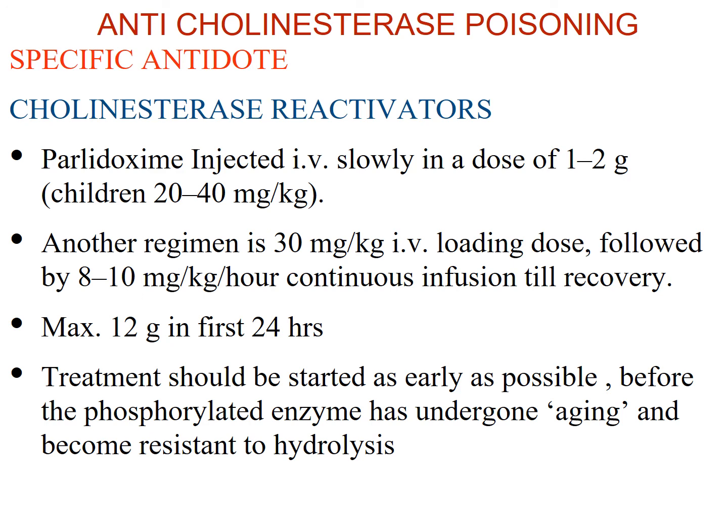Treatment should be started as early as possible. This is the important point which you should always keep in mind, that the treatment should be started immediately whenever possible, before the cholinesterase enzyme is phosphorylated and undergoes aging. Now what is the aging?